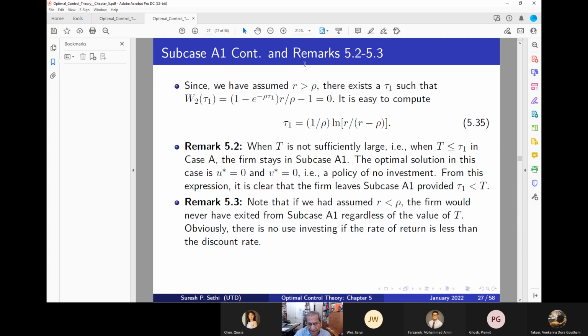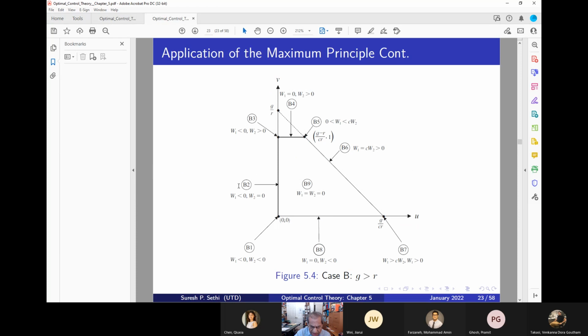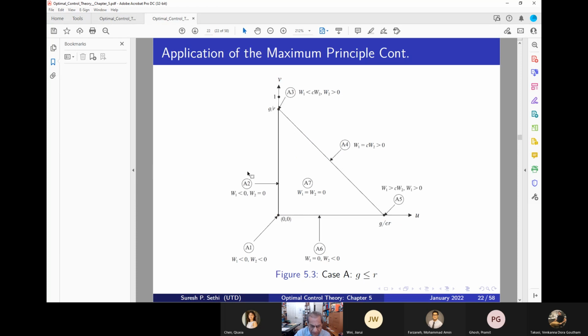So we arrive at W2 equal to 0. When W2 equals 0, W1 is still less than 0. We know W1 is strictly less than W2, so W1 is still less than 0. So if you go to the picture, we are now here.